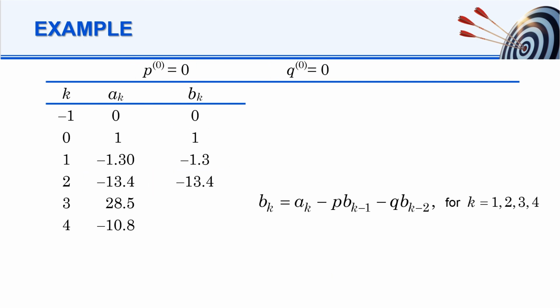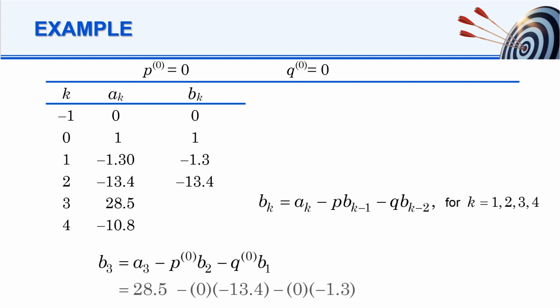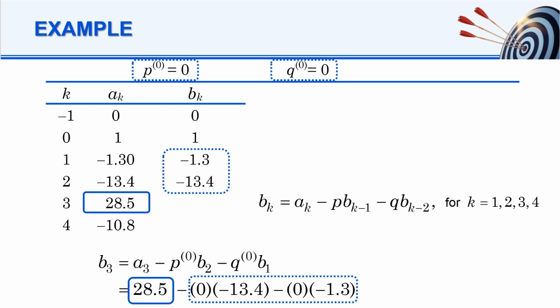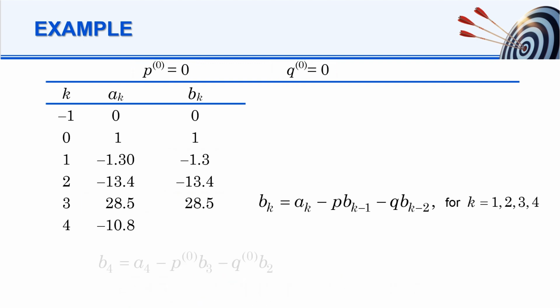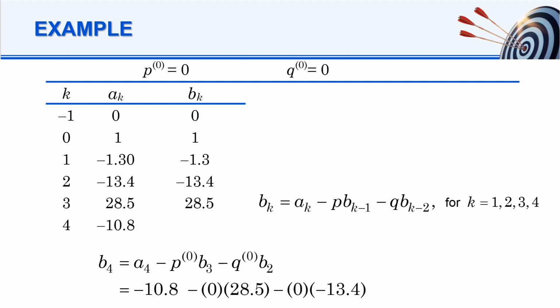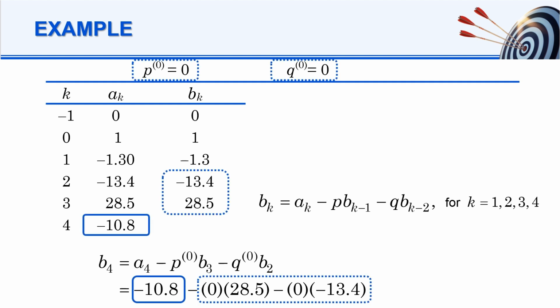For k equals 3, substituting the numerical values of a3, b2, and b1 into the expression for b3, we find b3 as 28.5. And finally, for k equals 4, we substitute the numerical values for a4, b3, and b2, along with p0 and q0. We obtain b4 as minus 10.8.